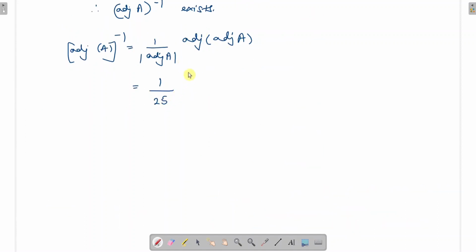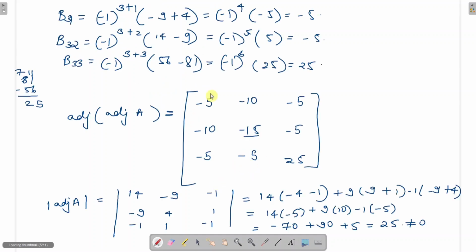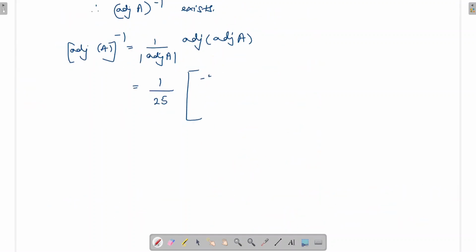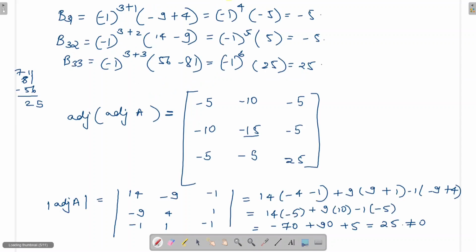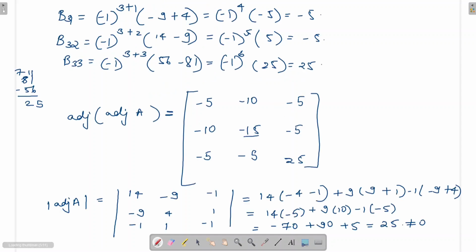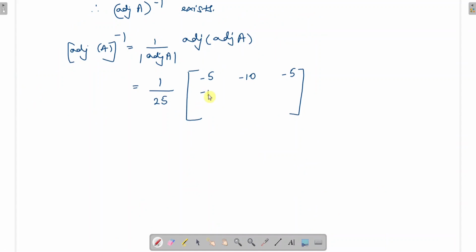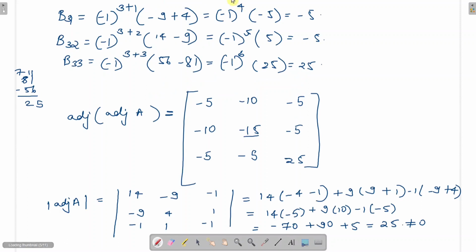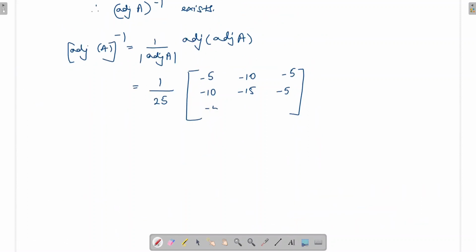Then adjoint of A is this, so minus 5, minus 10, minus 5, minus 10, minus 15, minus 5, then minus 5, minus 5, 25.